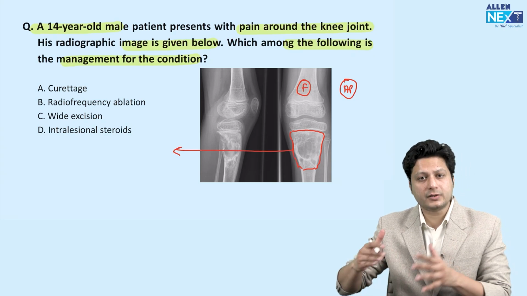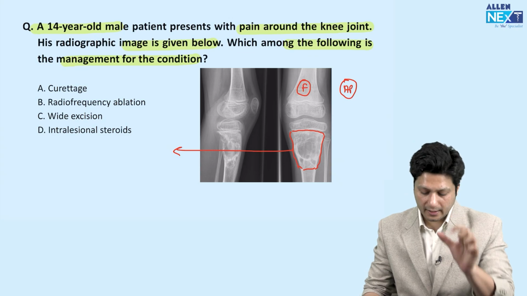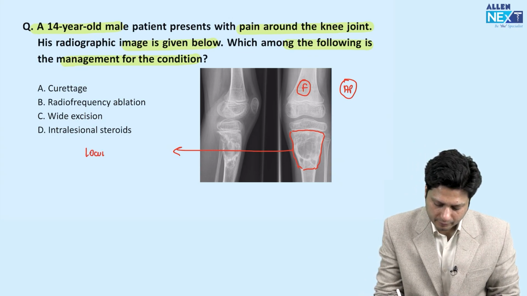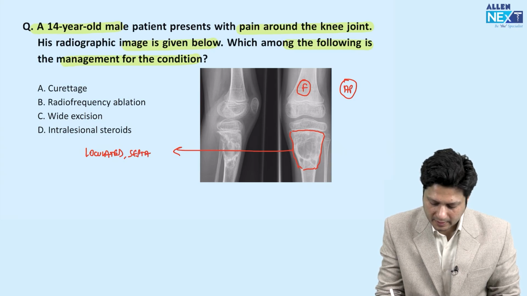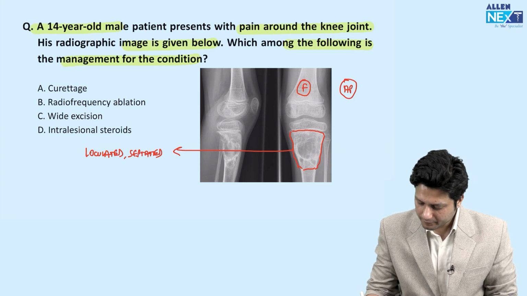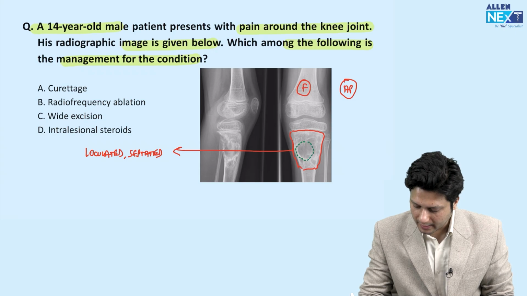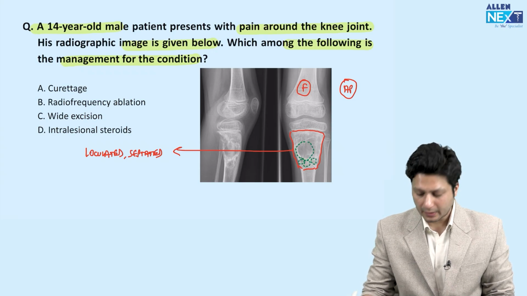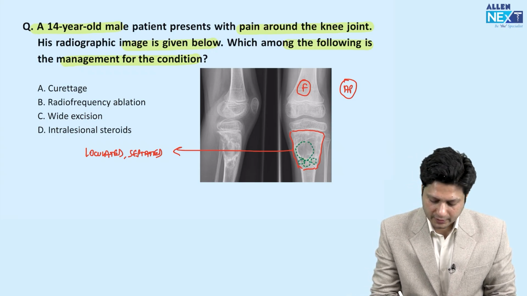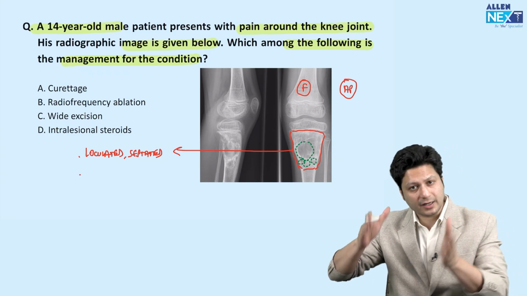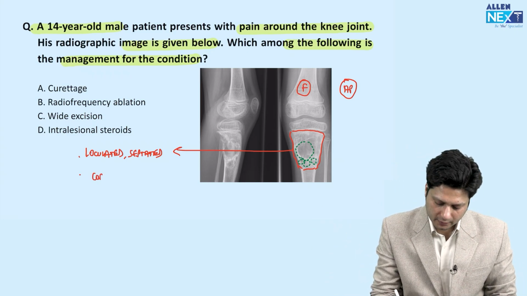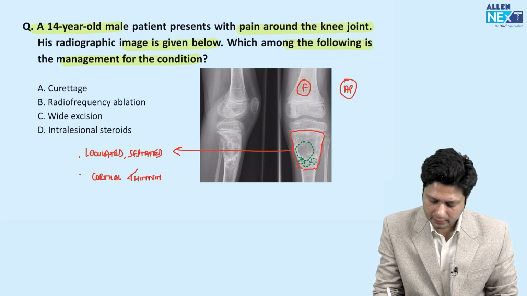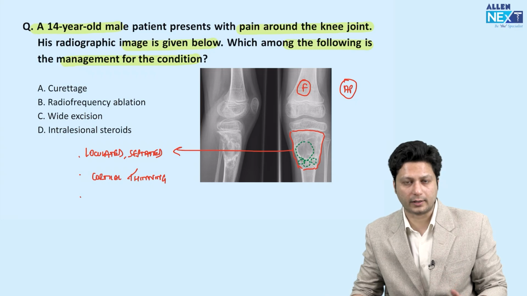If you characterize these cystic changes, they are loculated and septated. Multiple septations are present. It is an outpouching kind of lesion, which means there is associated thinning of the cortex.